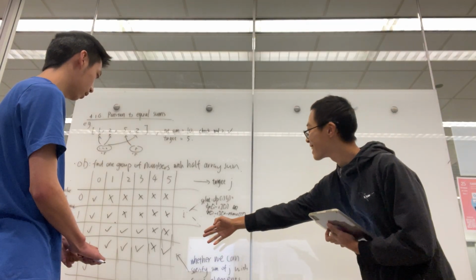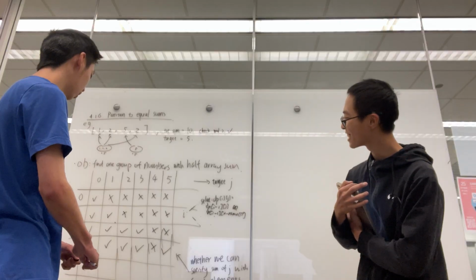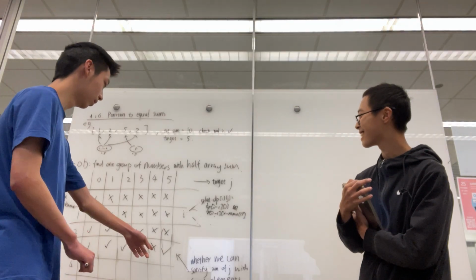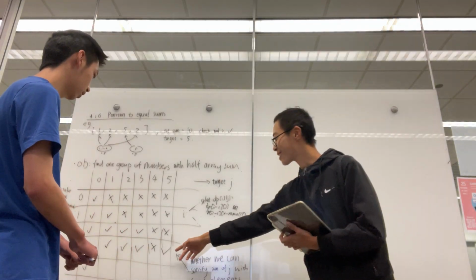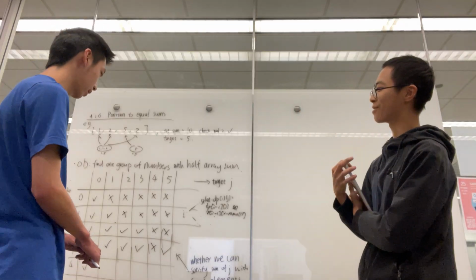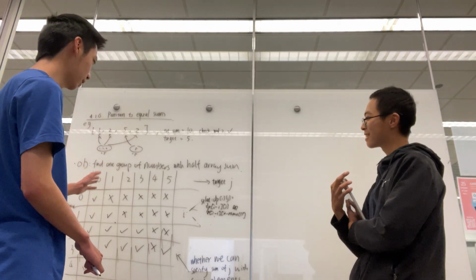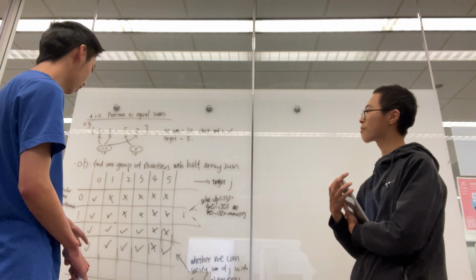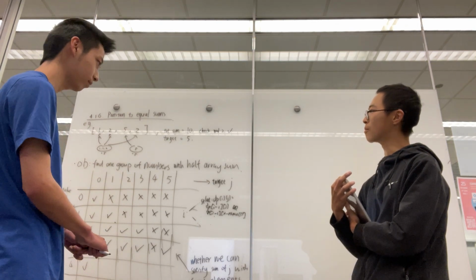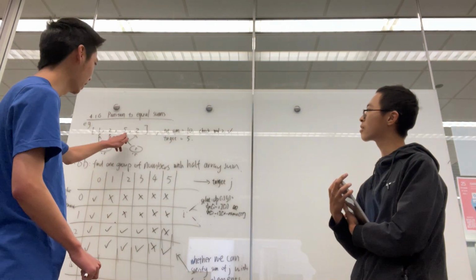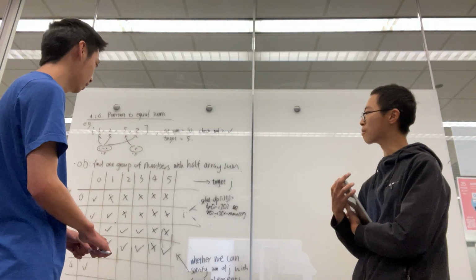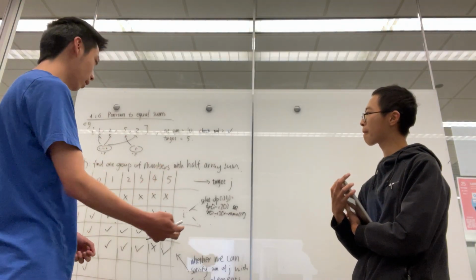Can you explain this cell again a little bit? This one? Yeah, just the last. Why can we make this 5? So in the previous row, we were able to make a target of 0 using 2 elements. Now we're currently looking at num equals 5. So we add 1 more element.